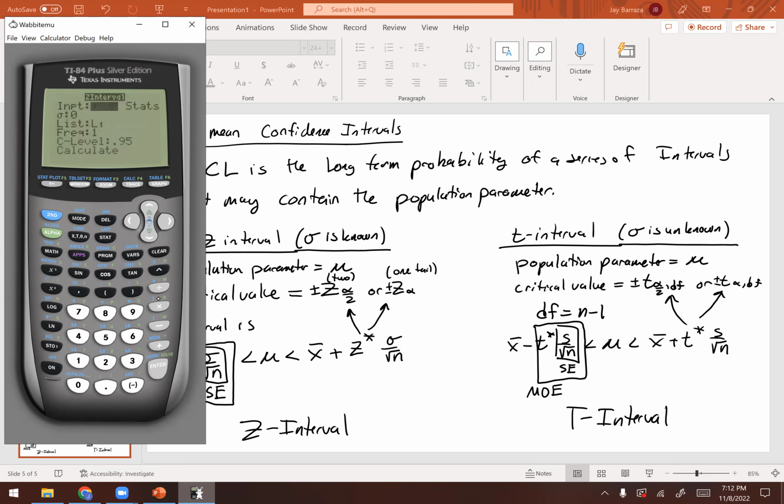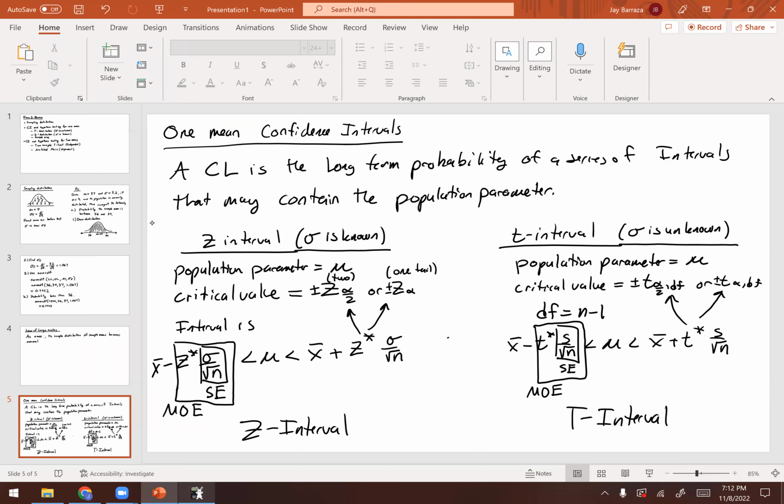If you click on z interval, click over to stats, that's all the information you have to give it. And if you go to t interval, same thing right there. So that's what you need to use.